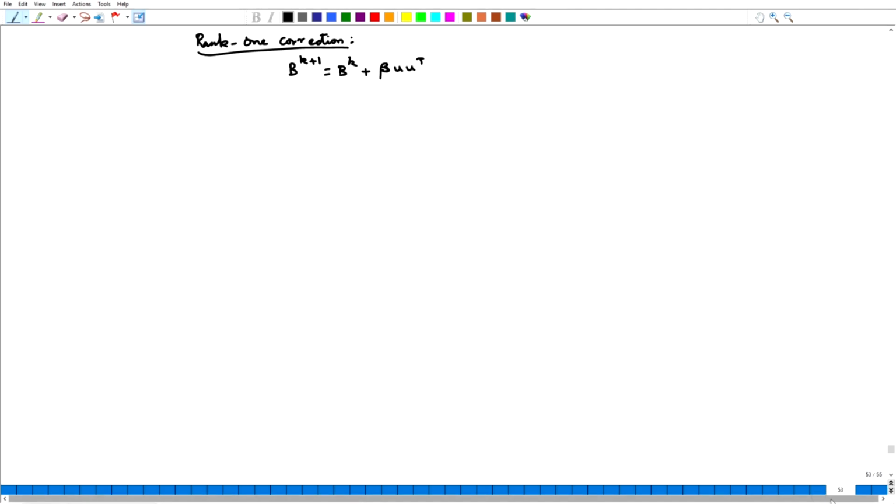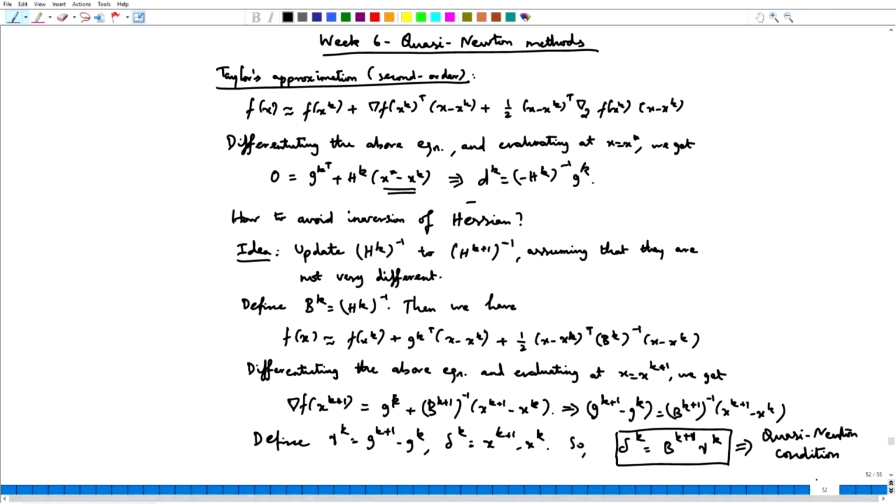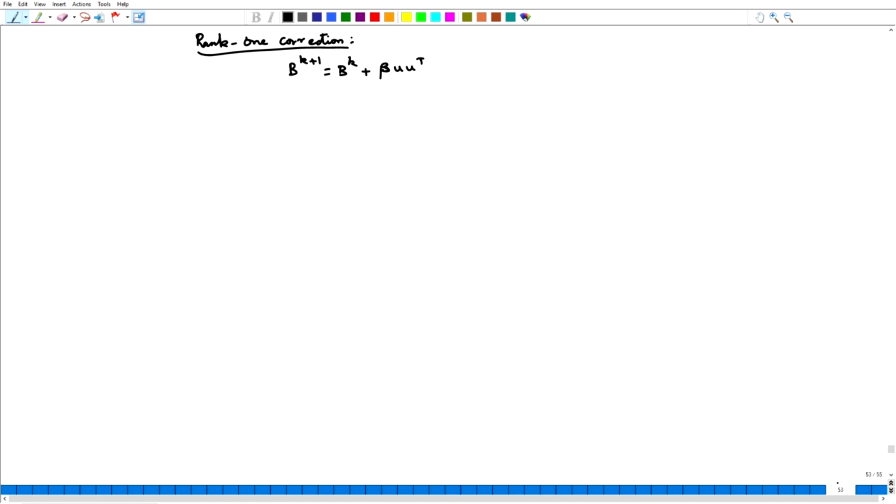Why? Because we defined B_k as H_k inverse, right. H_k is an n cross n matrix, so the inverse is also an n cross n matrix. So, what I am going to do is update B_k to B_(k+1) by adding a rank 1 matrix.